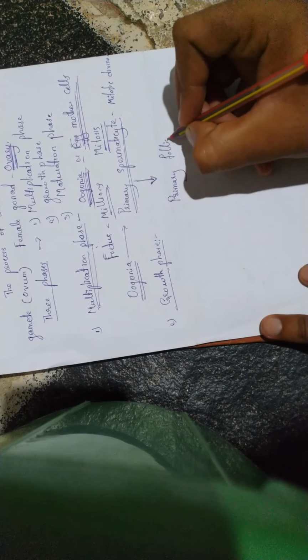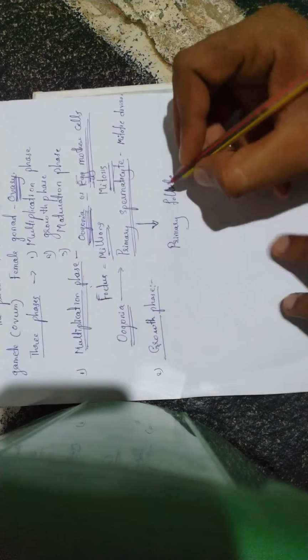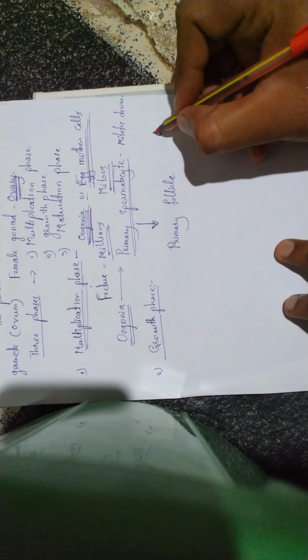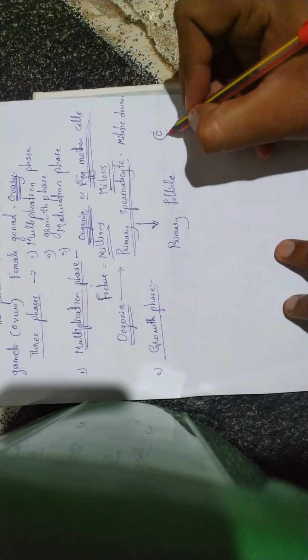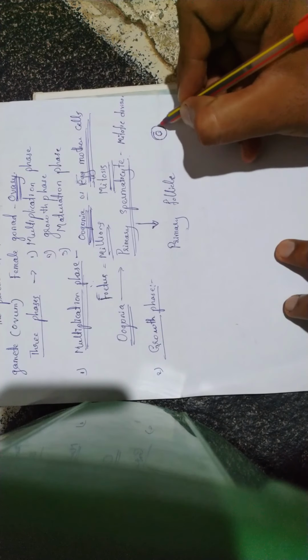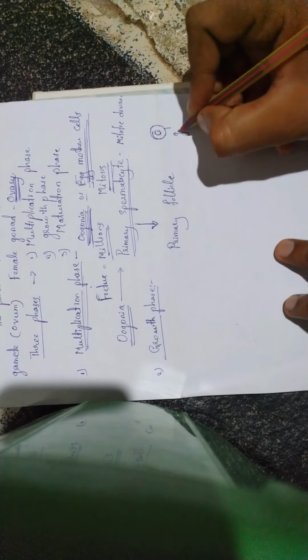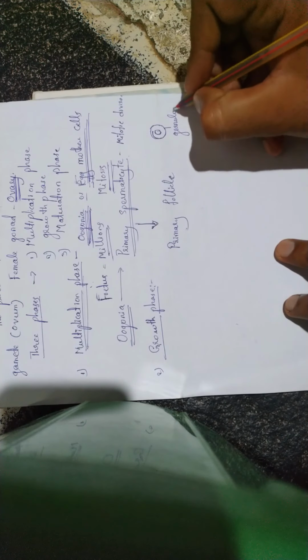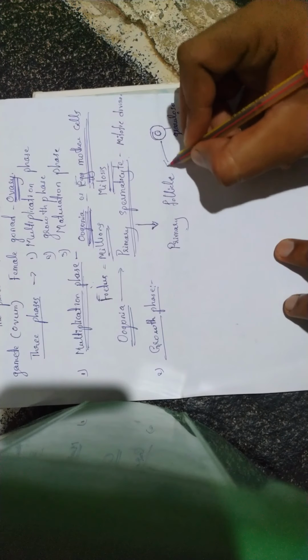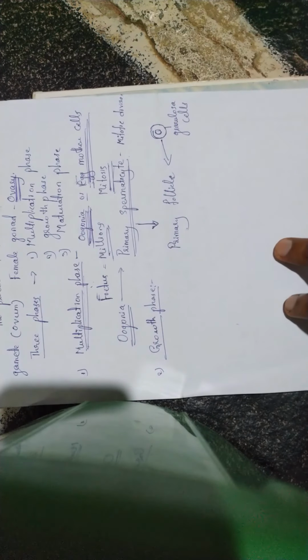How is it converted into a primary follicle? Suppose this is the egg. Around this egg, granulosa cells are surrounded, and we call this a primary follicle.